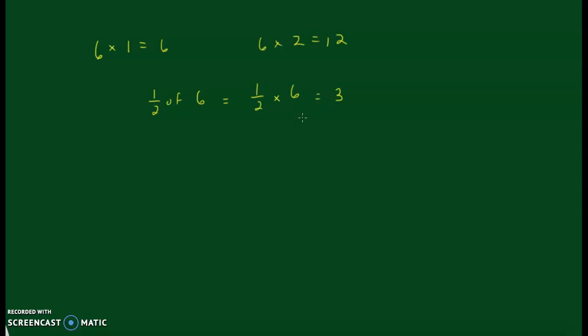So we want to focus on getting an equivalent answer, an equal answer. And in this case, we're going to be looking to find an equivalent fraction. Okay? So I'm going to repeat this one more time. To get the same or an equal number, you always multiply by 1.